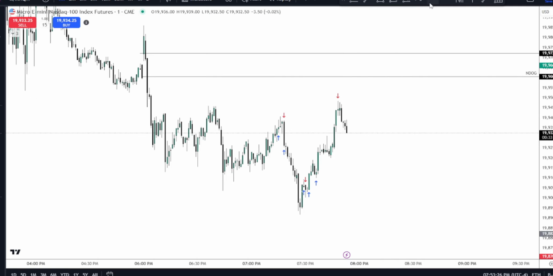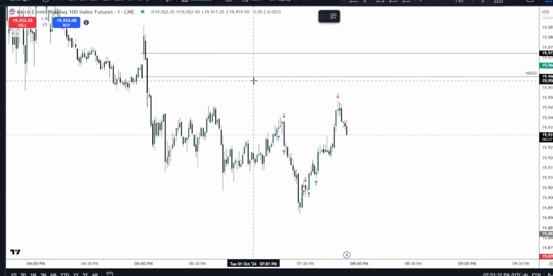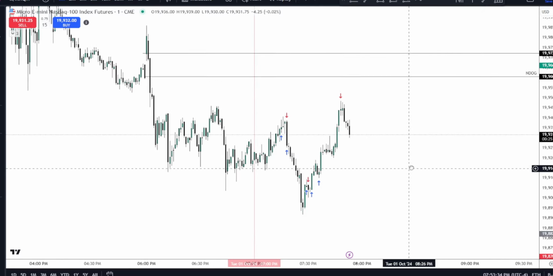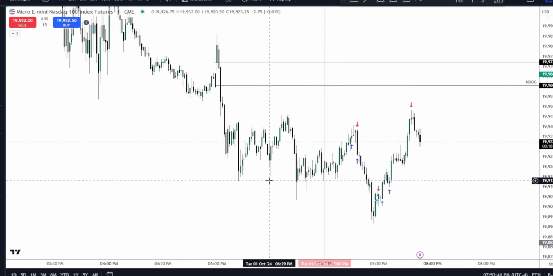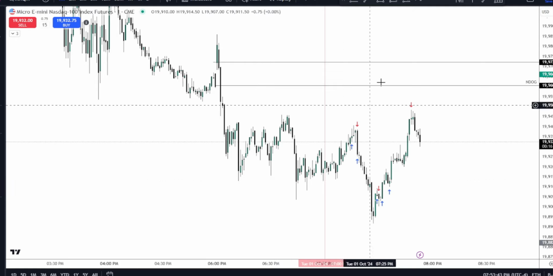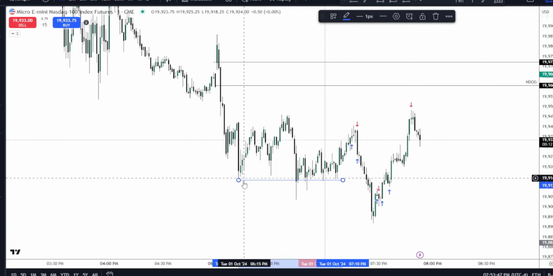But I want to go ahead and break this down right quick. Before 7 o'clock Eastern Standard Time, I'm looking to mark out buy side and sell side liquidity, right? Originally, I got on the charts around 6:30, and I saw this sell side liquidity that was sitting right here.